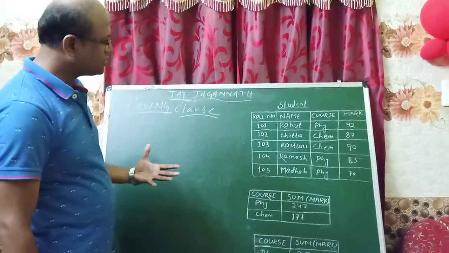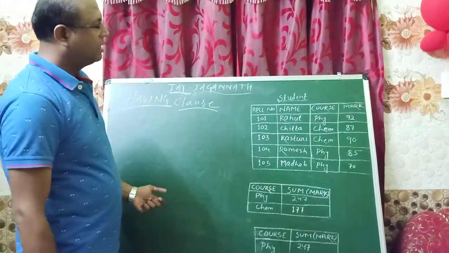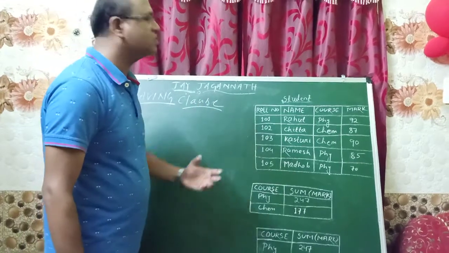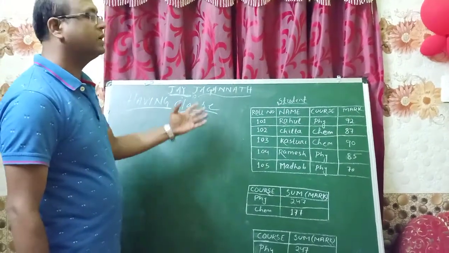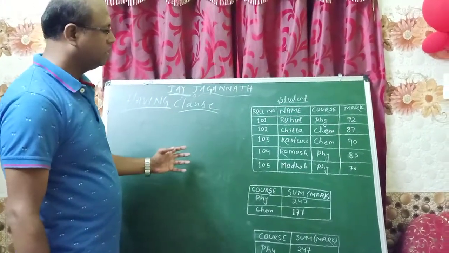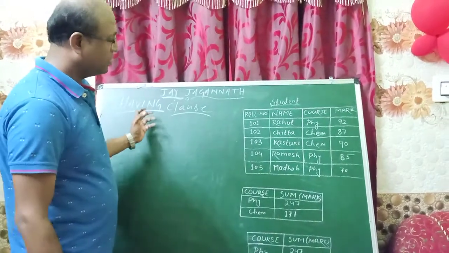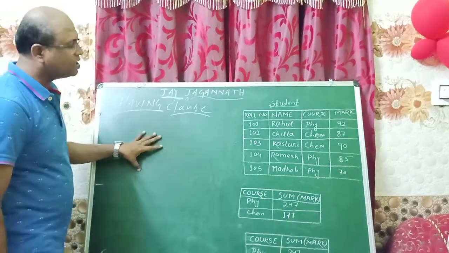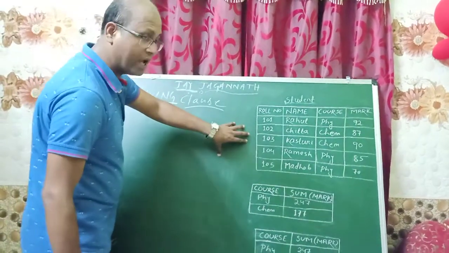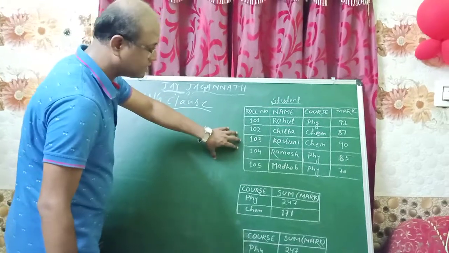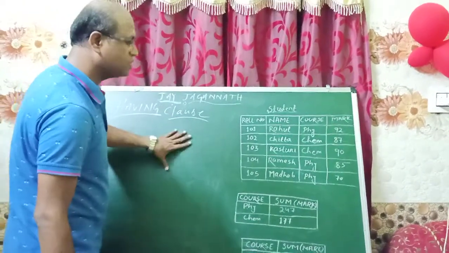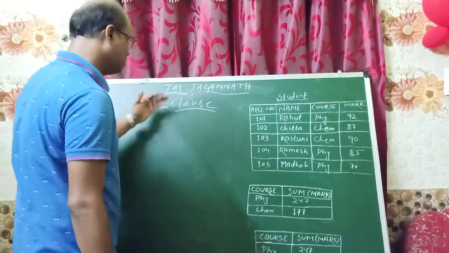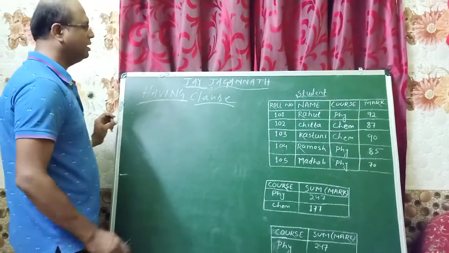If your intention is to put a condition to fetch some results from the table or database group wise, or using the group by clause, then you have to use the having clause. Where clause is used row wise and having clause is used on group basis. When you use the group by clause, you have to use the having clause to implement the condition.